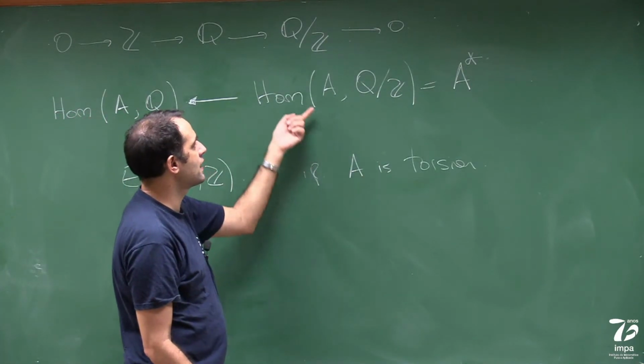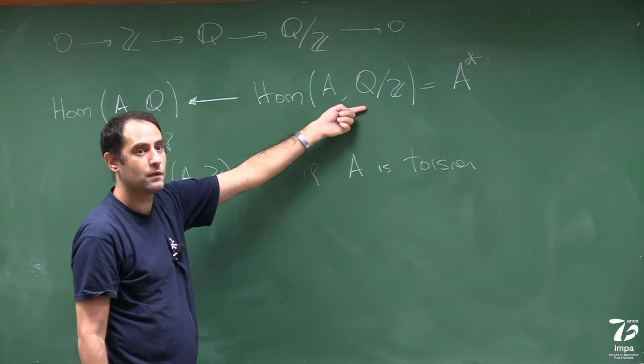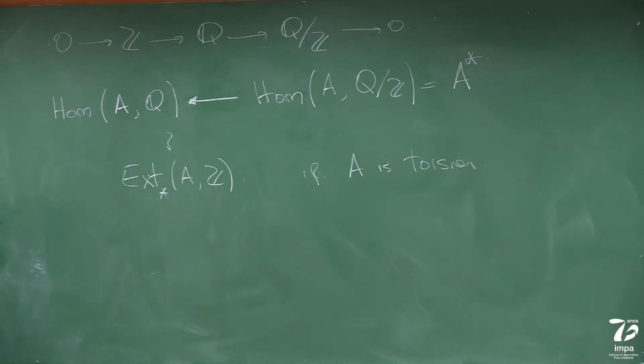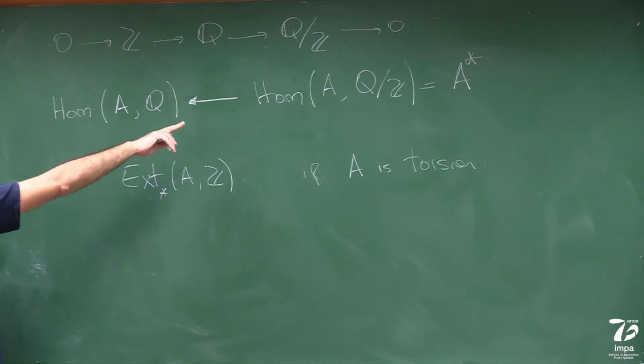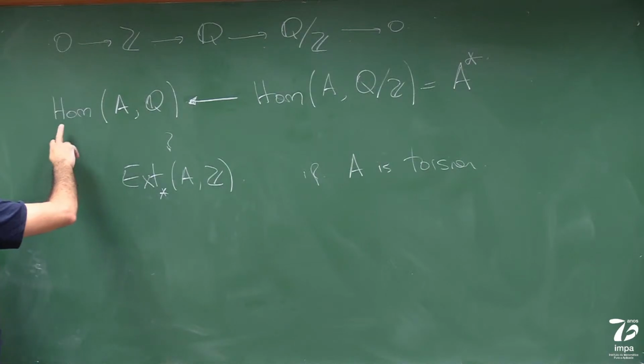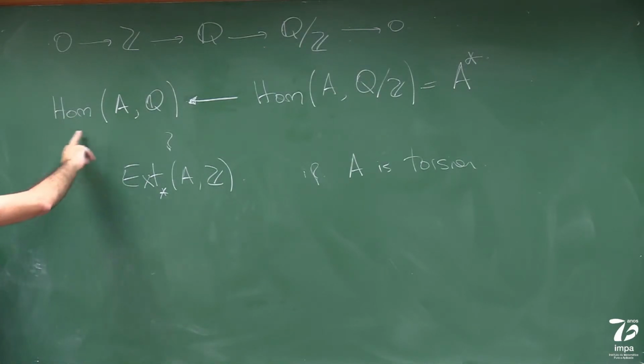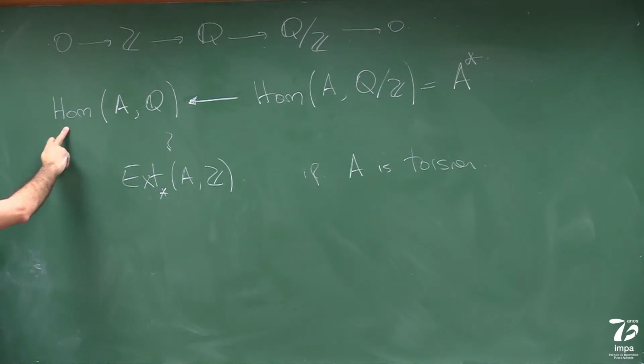So if A is torsion, then I don't have any morphism here. Well, I'll let you study what happens when A is torsion. Then you get that this complex here has non-trivial homology at this point.